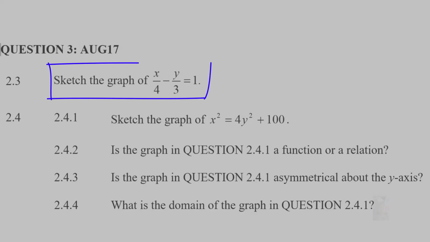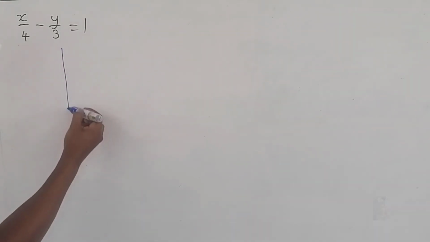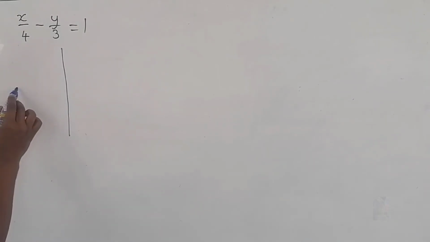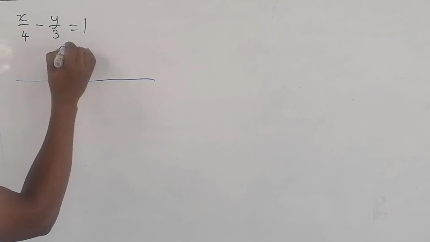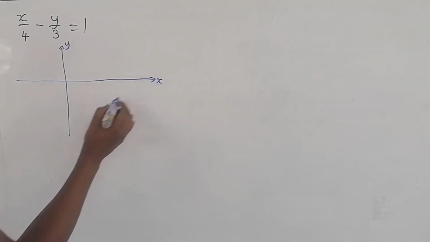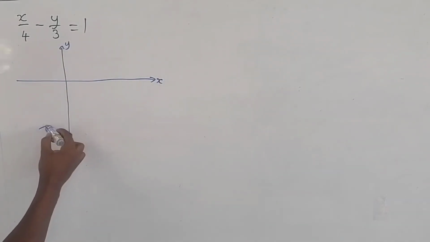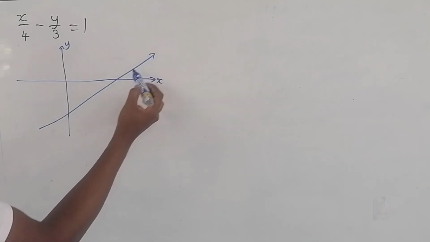The next question says, sketch the graph of x over 4 minus y over 3 is equal to 1. So this is a straight line because there are no squares, and it is given in a form where you can see the intercepts. So you can see the intercept for x is 4, then the intercept for y will be negative 3.